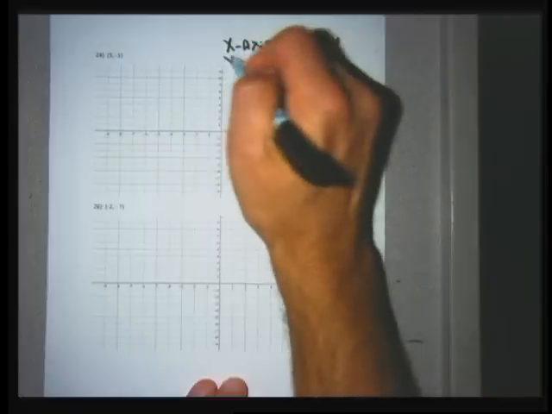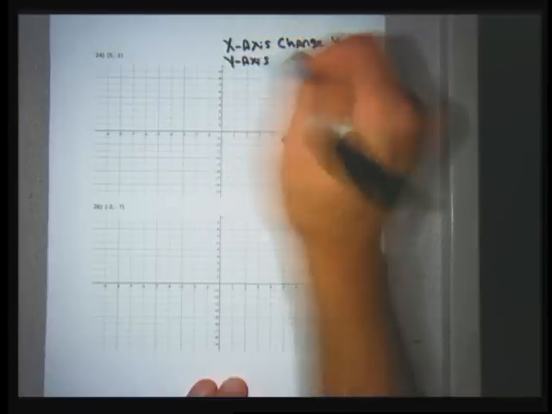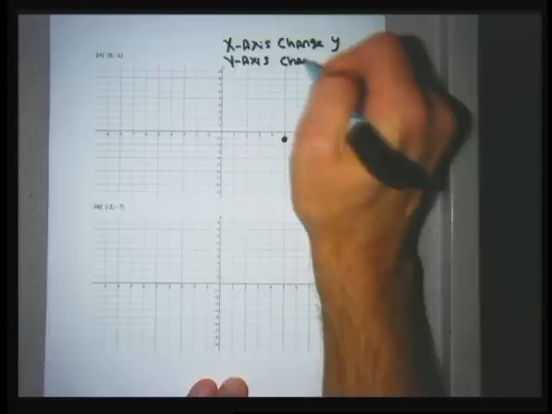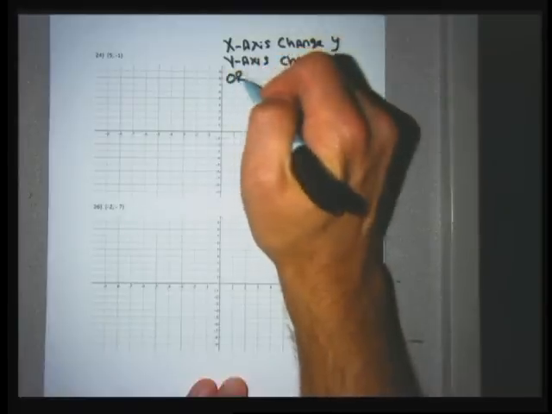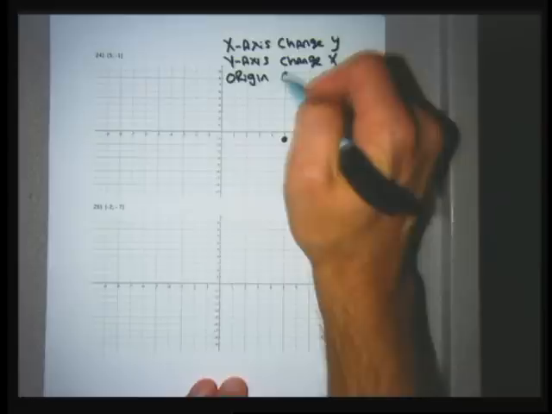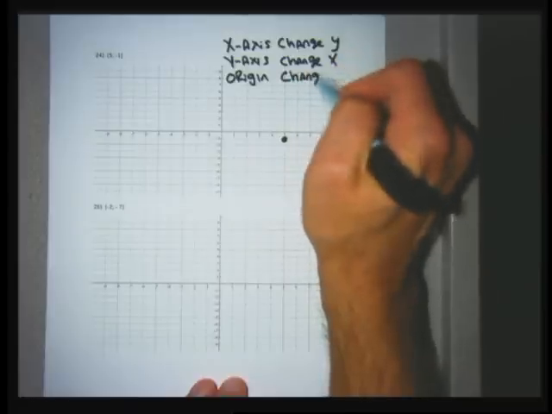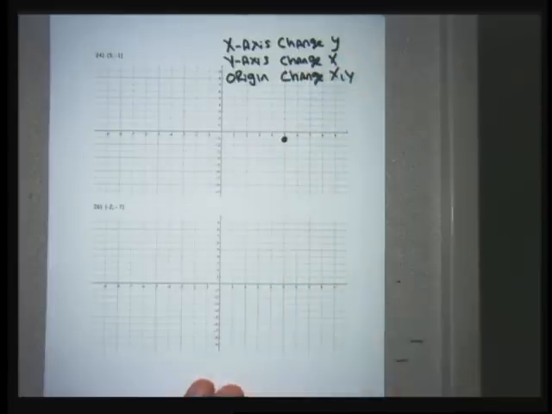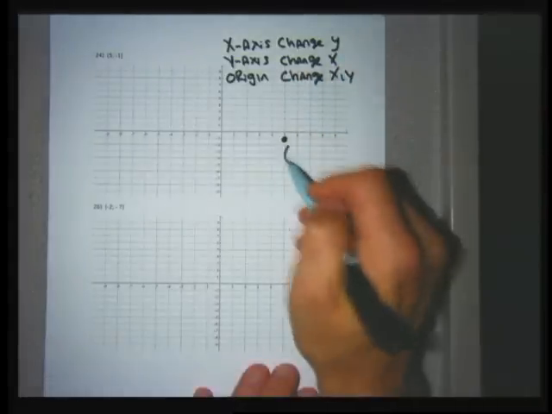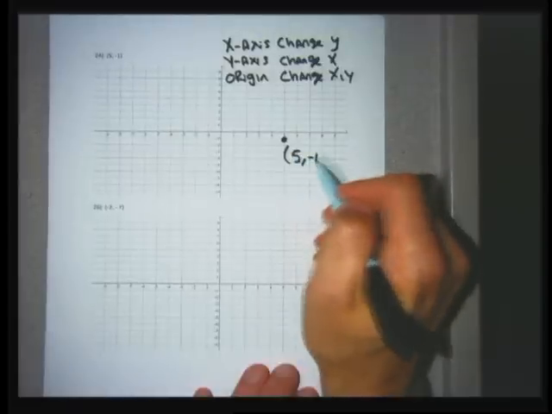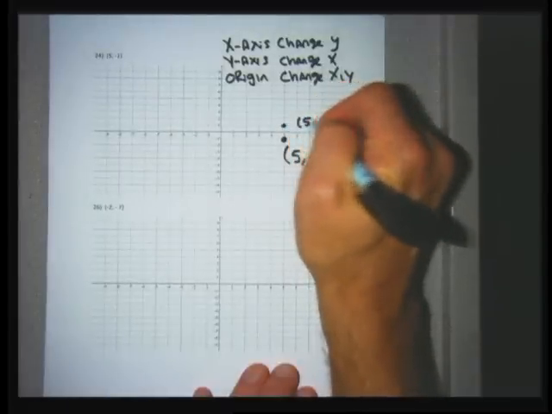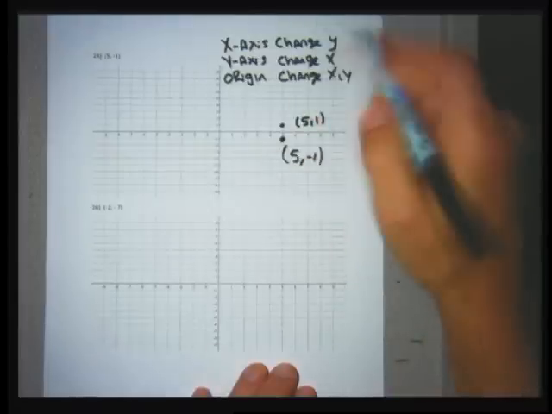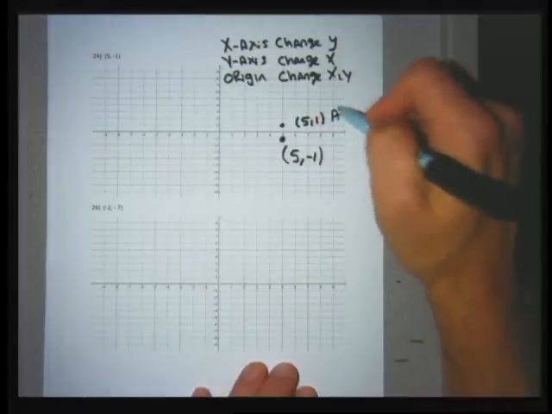For the y-axis symmetry, you change the x, and for origin, you change both. So the initial point is the point 5, -1. If I change the sign of the y and plot the point 5, 1, those 2 points are symmetric about the x-axis, and that's what part A wants.